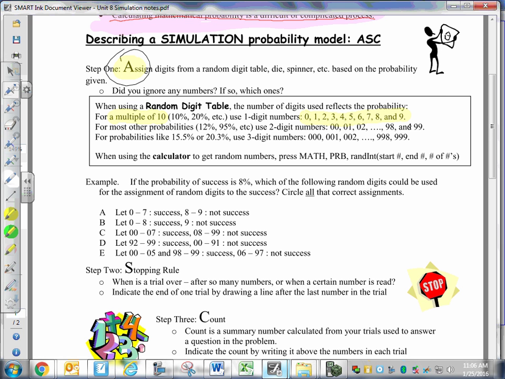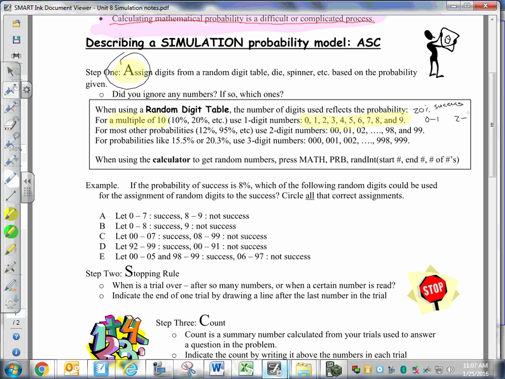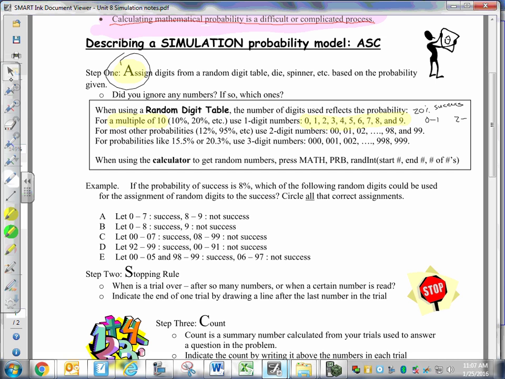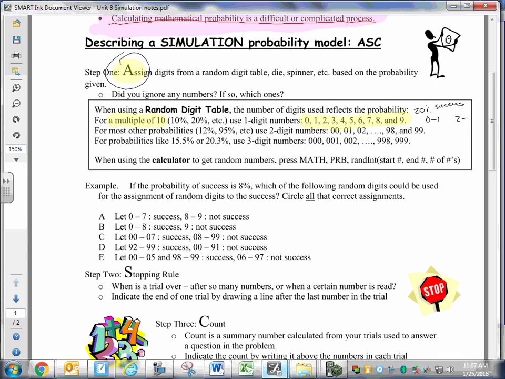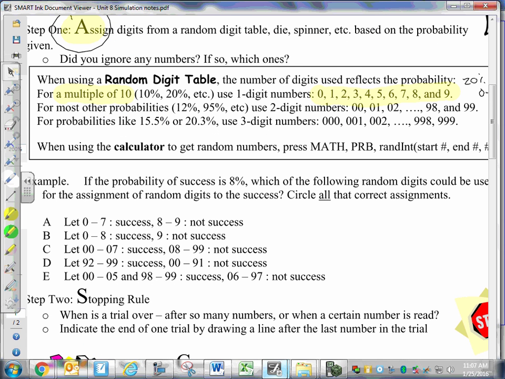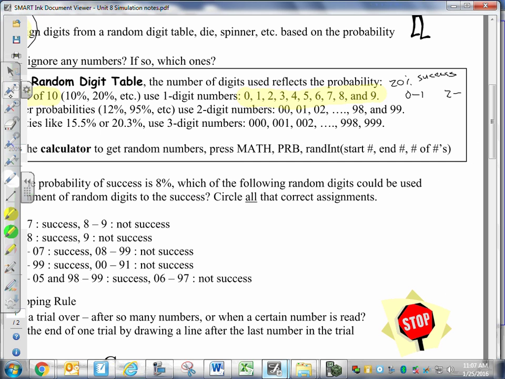So if I want a 20% chance of something succeeding, I can use 0 and 1 as a success and use 2 through 9 as a fail. Zero through 1 would be represented by the 20%. This would be the fail.